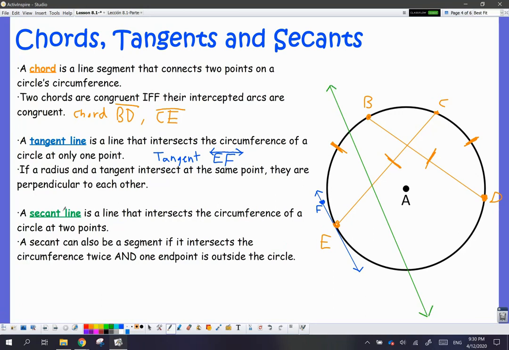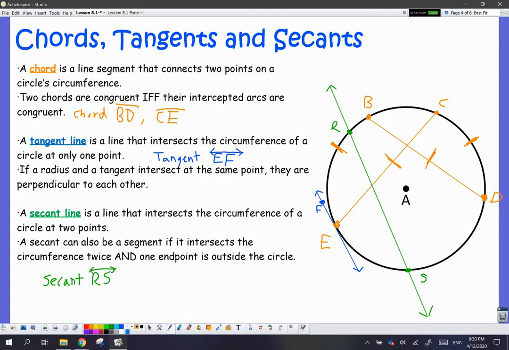So a secant has to be a line crossing through 2 different points. Let's call that R and S. So I have secant line RS.